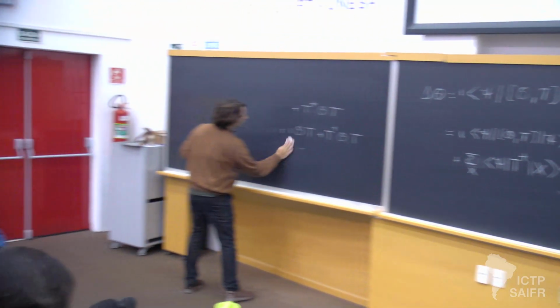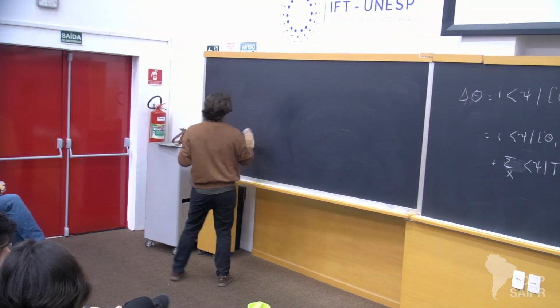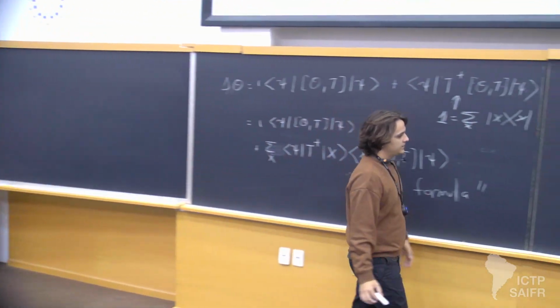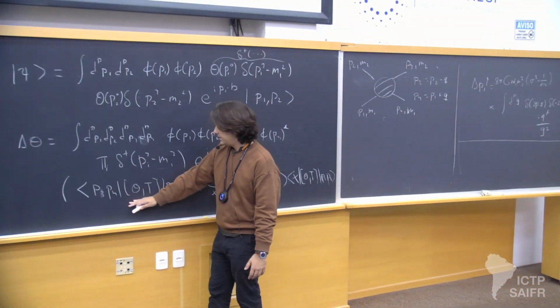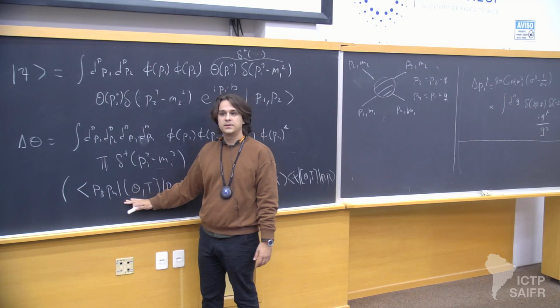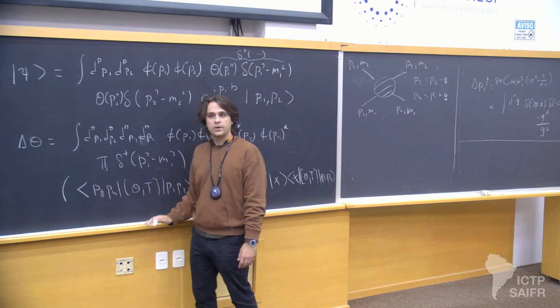Okay, and we just need one more step to massage this formula, which is that I'm going to change variables, because notice that, okay, if I choose an operator, like the momentum or the energy, these things are eigenstates, okay?